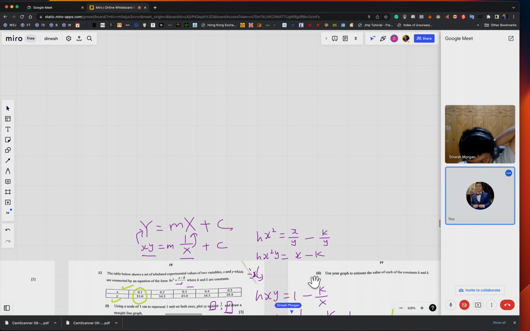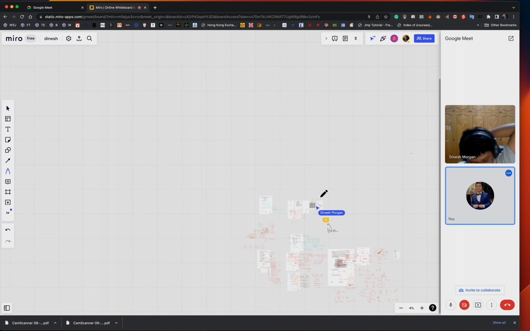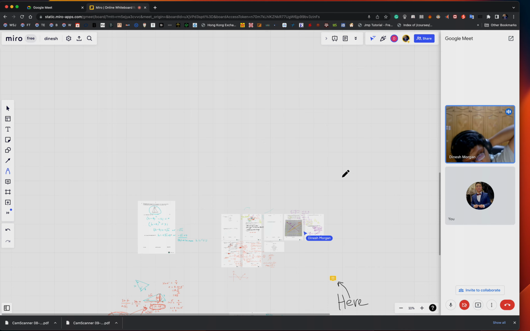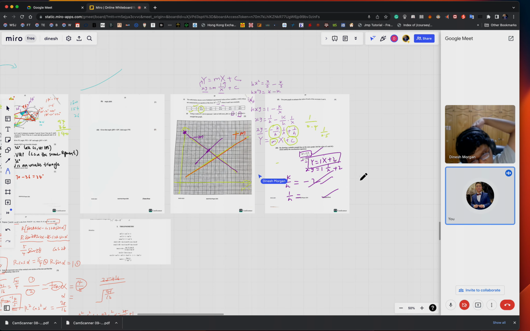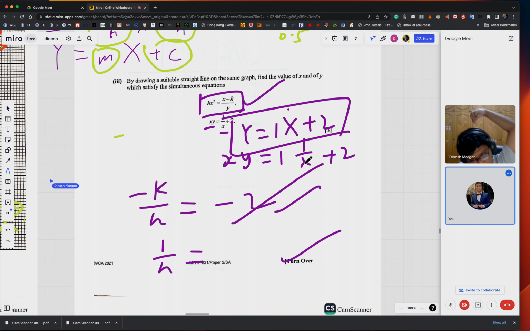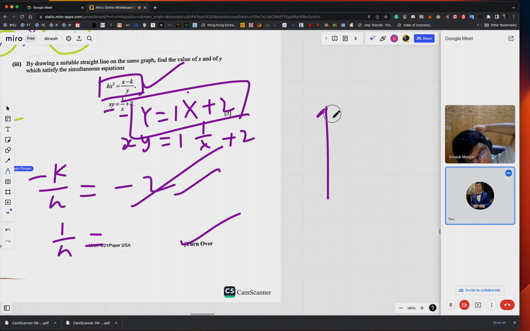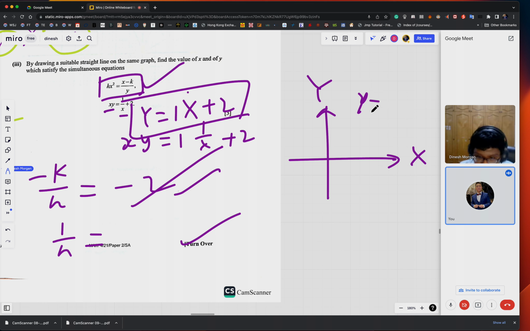So do I draw a second table? Actually you don't have to. By the way, if you need to draw this out, the second table is not needed. Hold on. Let's say this is your big Y, this is your big X, and then you need to draw this plus 2, right? You know what the line is?